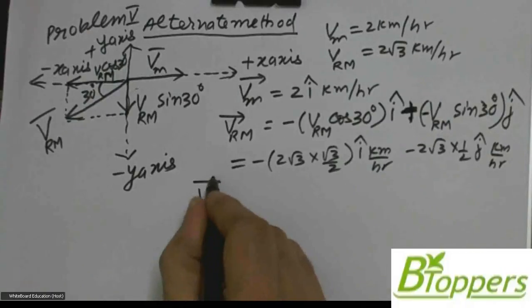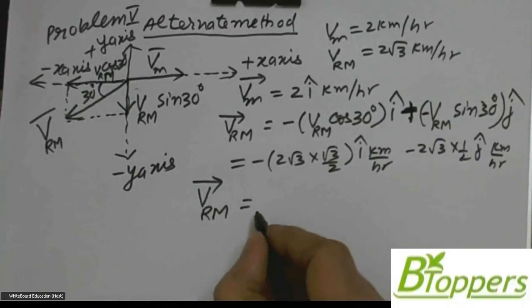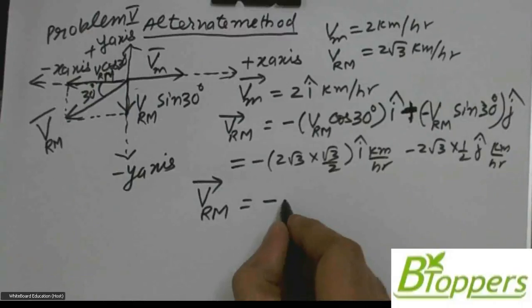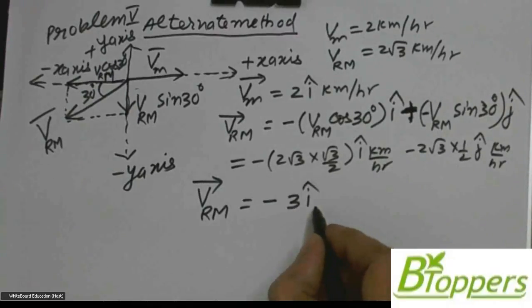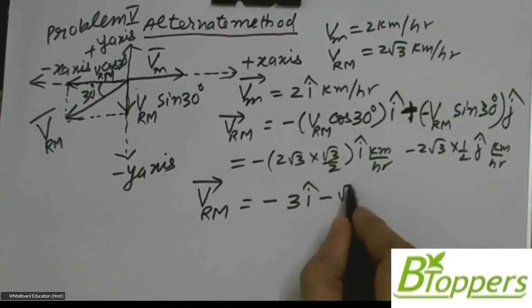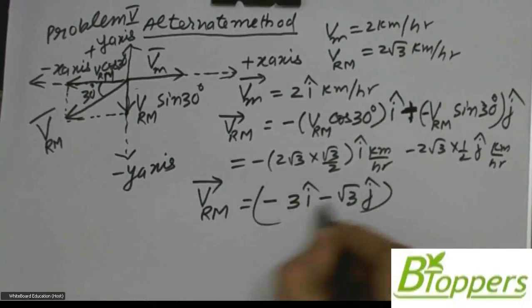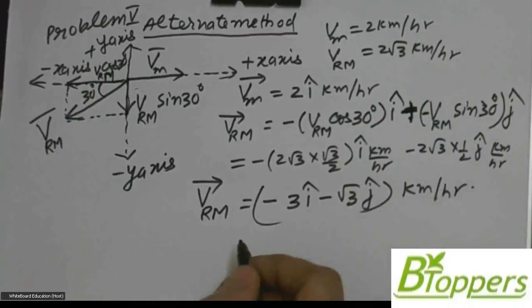So you get the relative velocity of the rain with respect to the man as minus 3 i cap minus √3 j cap km/h.